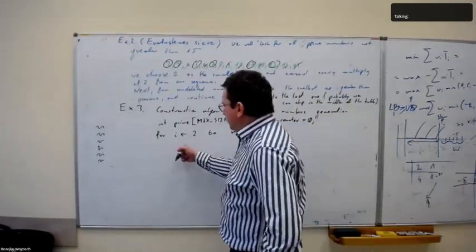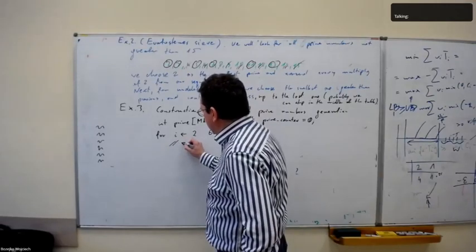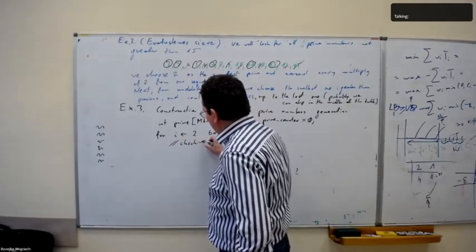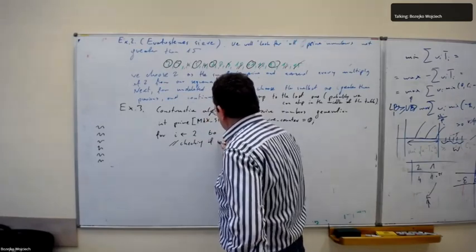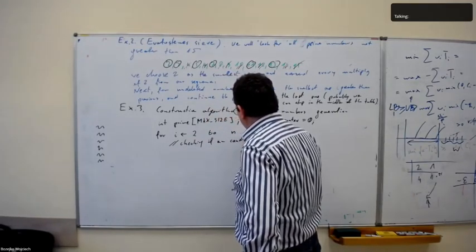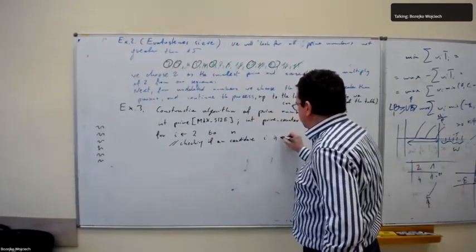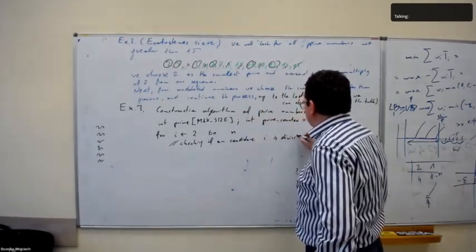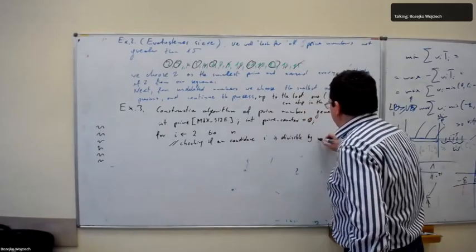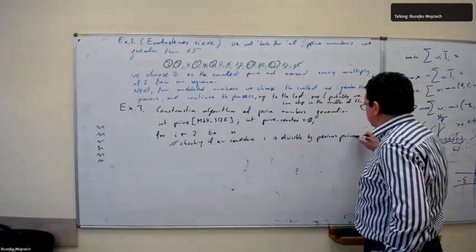And now, if we have a candidate, we can check if this candidate i is divisible by previous primes.